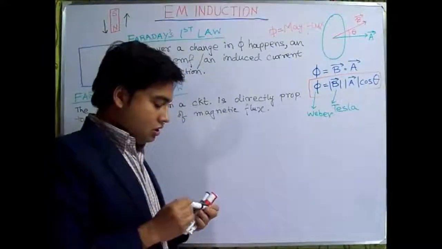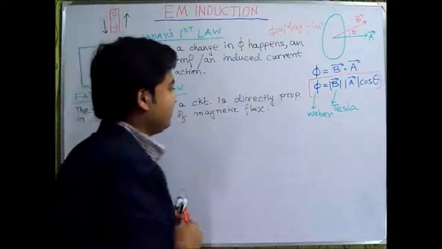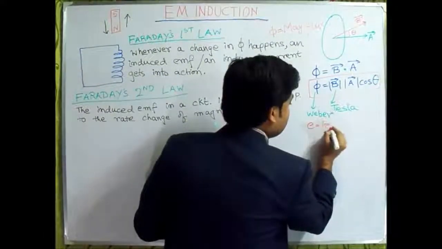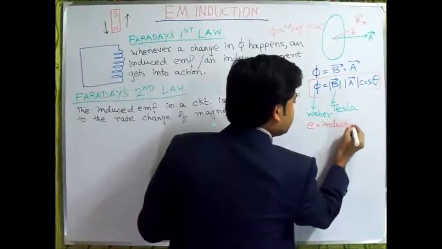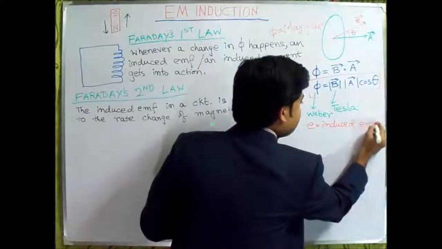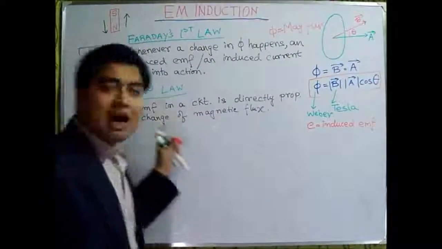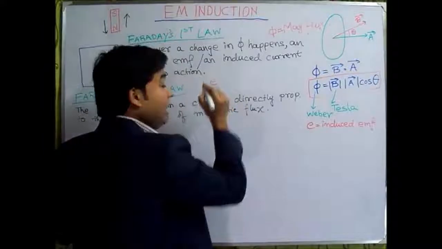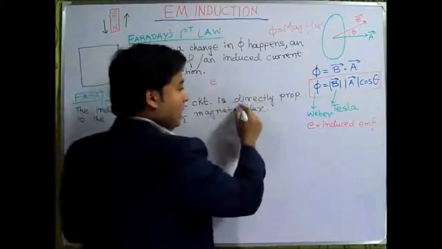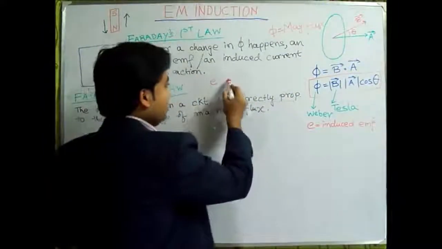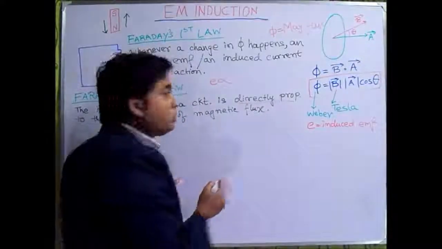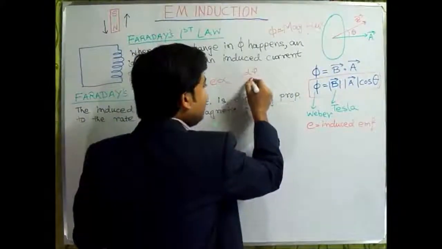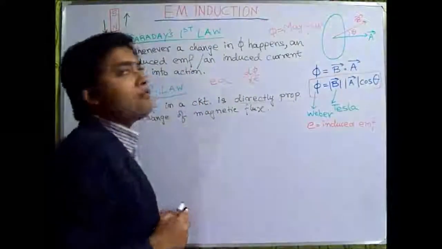Right? So, if we take that E equals the induced EMF, then as per Faraday's second law, E will be directly proportional, right? Directly proportional to d by dt of phi.